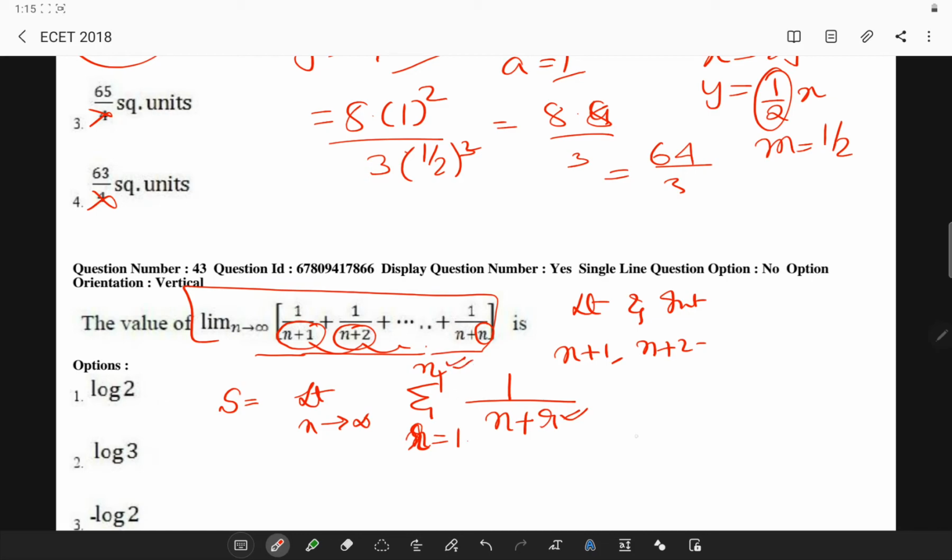So now if I take 1 by n common, limit n tends to infinity, 1 by n summation of r is equal to 1 to n, I'll be left with 1 by (1 plus r by n).